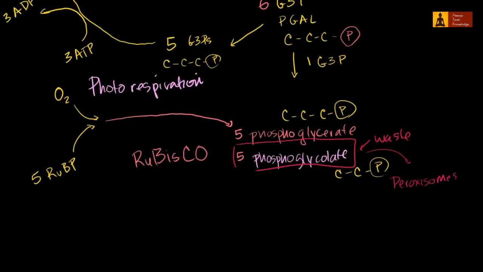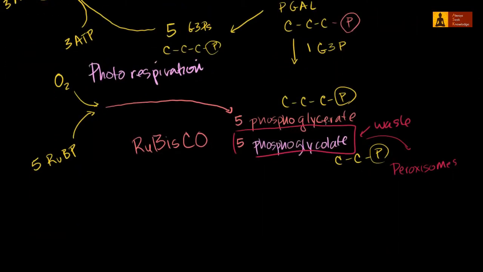So in this situation, we only have 5 phosphoglycerates to begin with. Maybe if we have our ATP and NADH, we can convert these 5 phosphoglycerates into 5 glyceraldehyde 3-phosphates, G3Ps. But then all of these are going to be used back to produce our ribulose biphosphate.